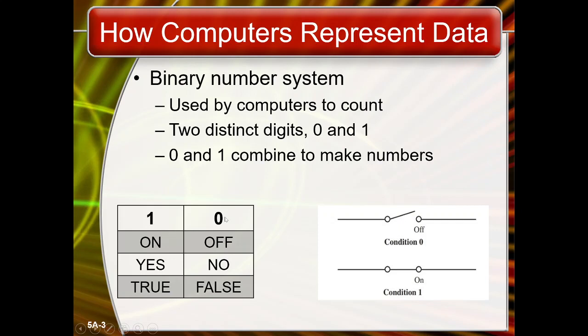If the number is 0, you may consider it as off, no, or false. It depends upon the situation. For example, with electric circuitry, when the circuit is off, we can assign condition 0, while when the circuit is on, we can name it condition 1.